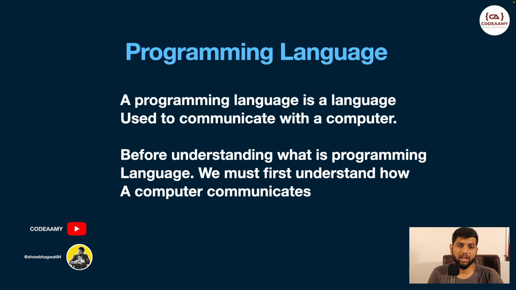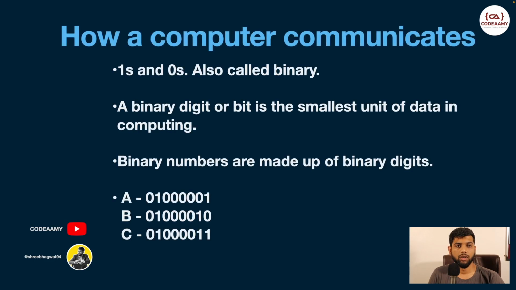Before understanding what a programming language is, we must first understand how a computer communicates, in which language, or what is the mode or the medium in which a computer communicates. We all know that a computer communicates in binary language, that is 1 and 0.